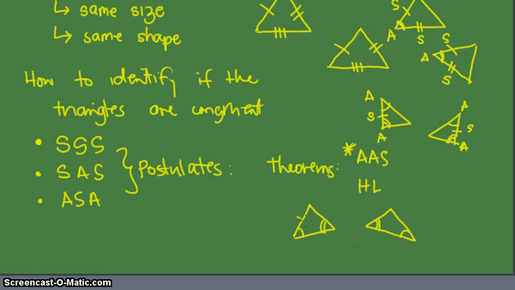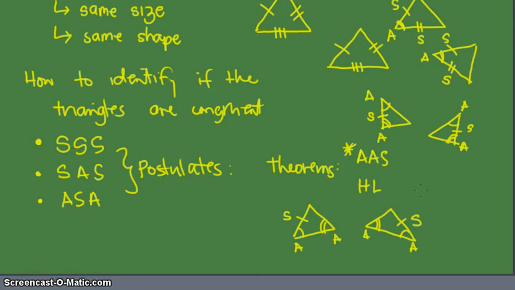And if this side is equal to this side, then in this triangle we have an angle, an angle, and a side. And on the other triangle, we have the angle, angle, and a side. By AAS, the two triangles are congruent.